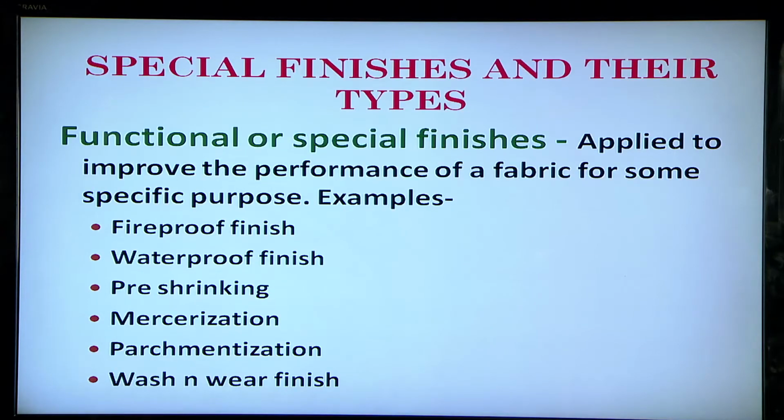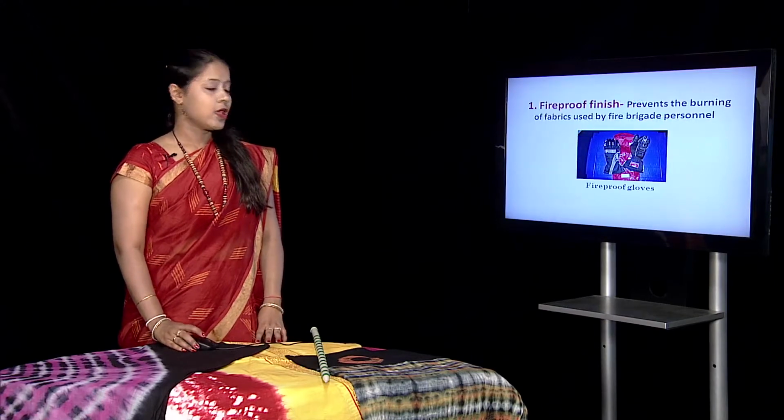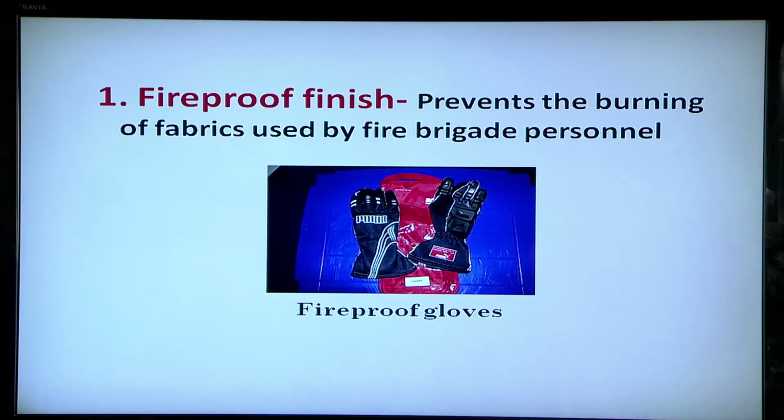The other category, which is that of the special finishes, includes waterproof, fireproof, pre-shrinking, moisturization, parchmentization and wash and wear finish. It is applied to improve the performance of the fabric for some specific purpose. Talking about each one of them in detail, the first one is the fireproof finish, which prevents the burning of the fabric.